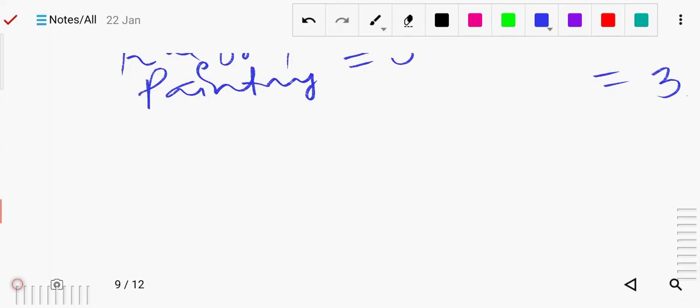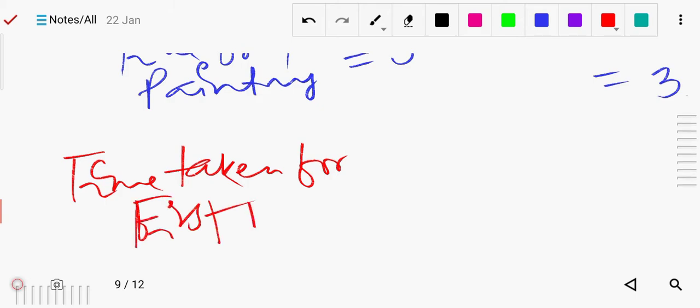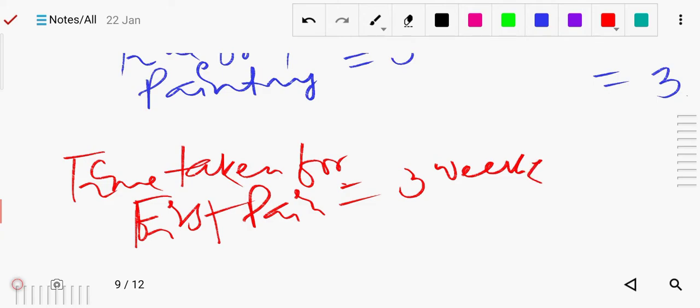So the time taken for the first painting, that also you have to calculate. How much time was taken for the first painting? It took 3 weeks and 4 days.